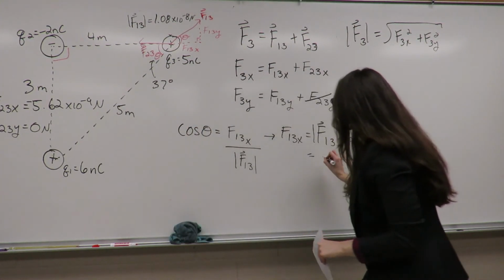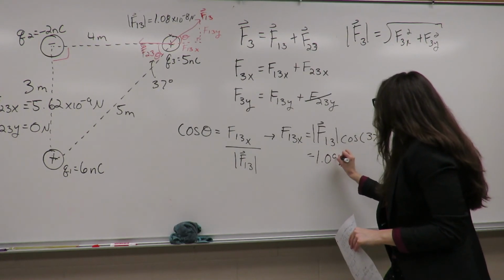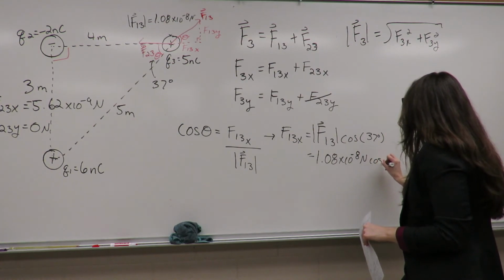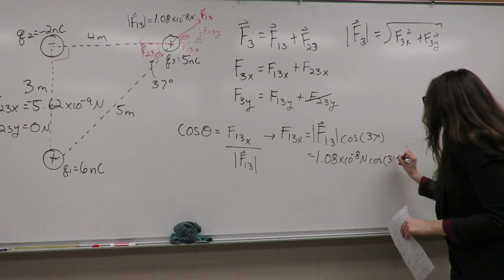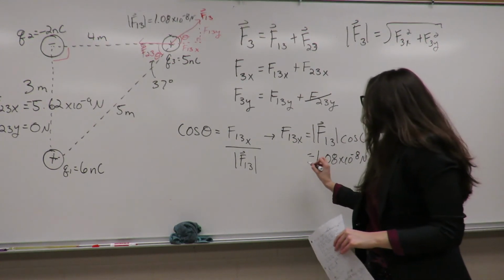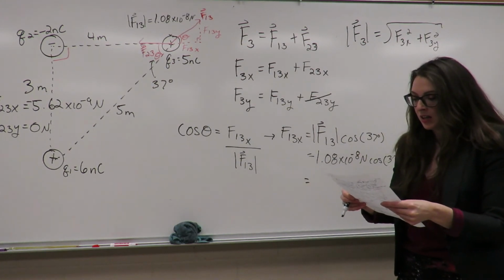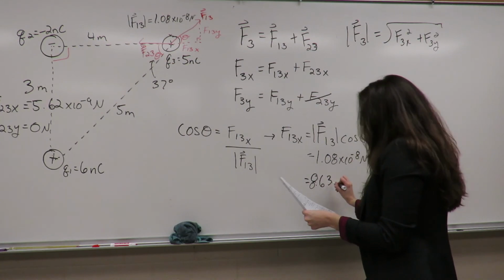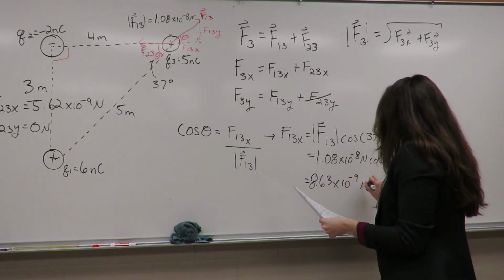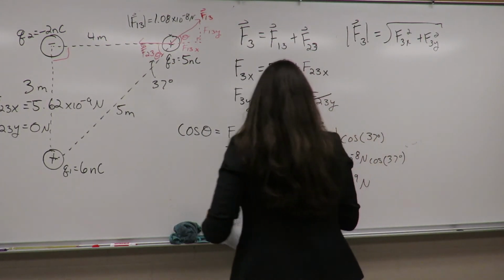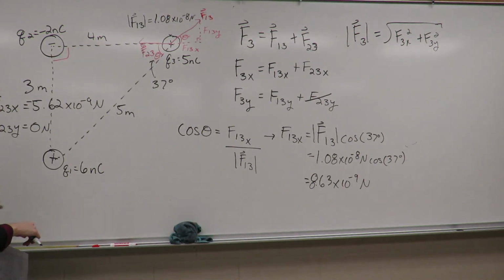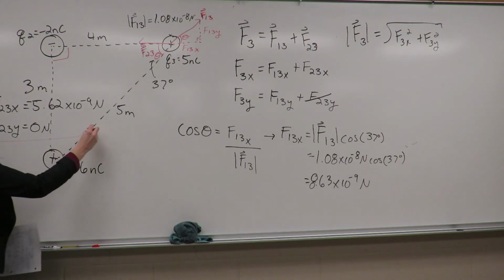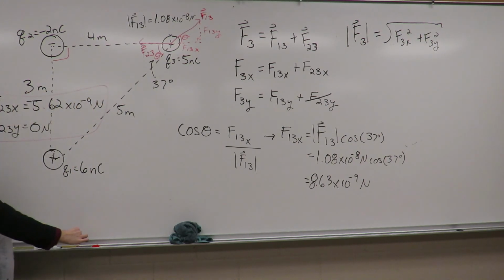So if I put in 1.08 times 10 to the minus 8 newtons times cosine of my angle, 37 degrees, then I get that F13x is equal to 8.63 times 10 to the minus 9 newtons. Okay, so I will put a box around these values here.